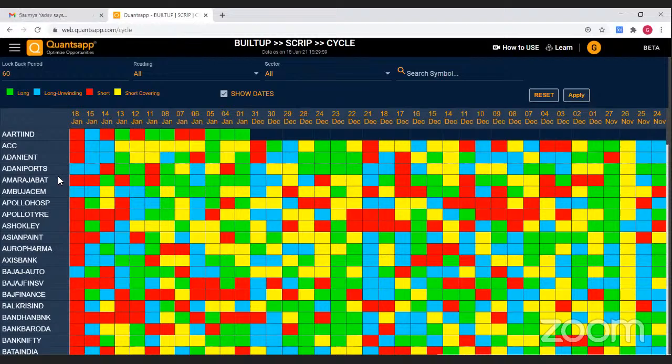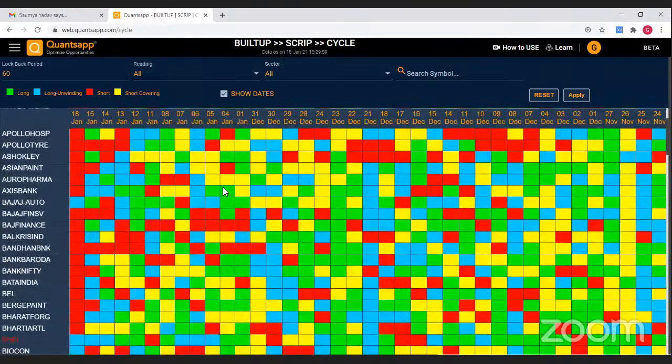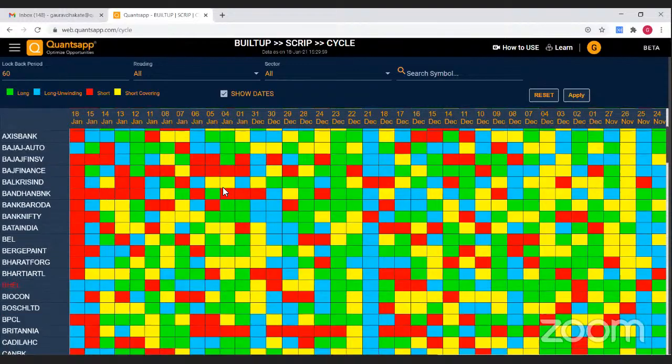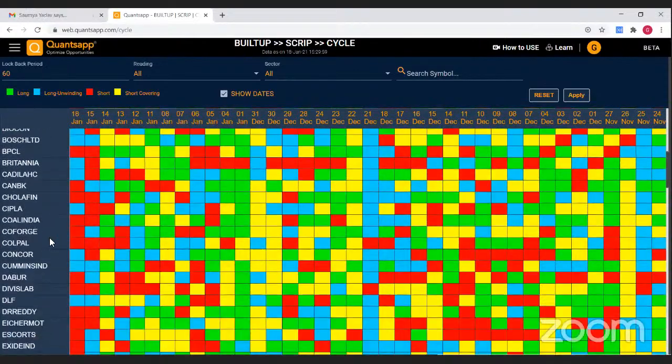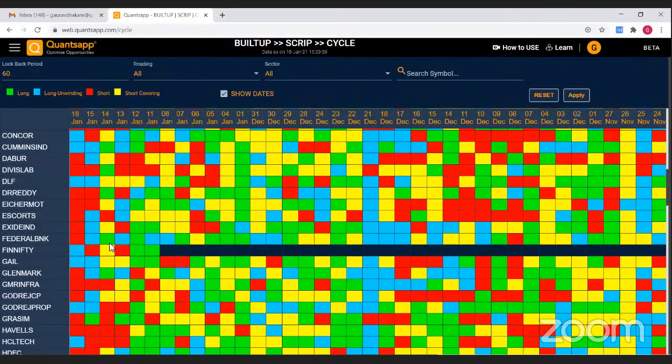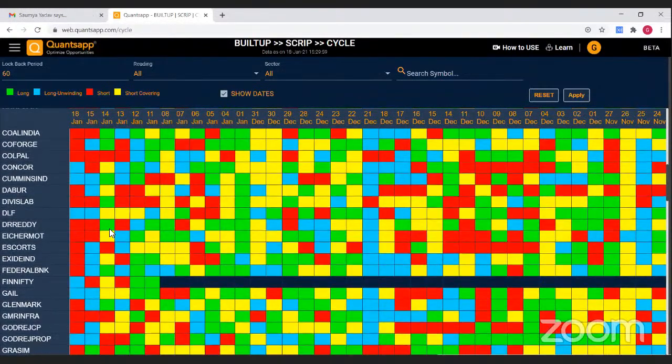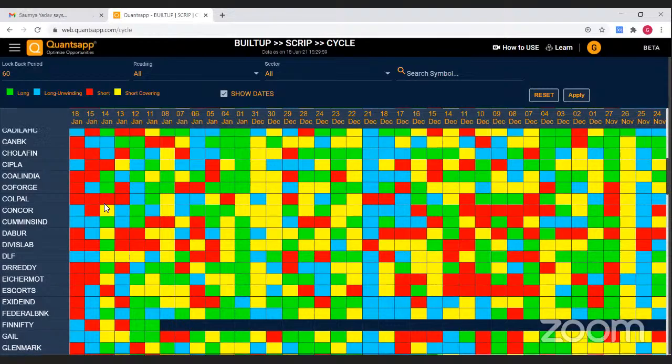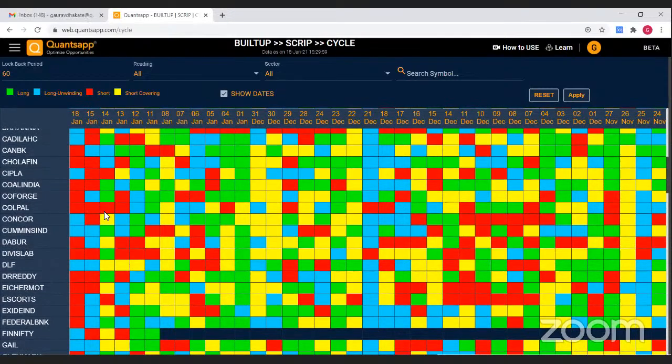So if I want to see stocks having a series of long, short or covering. Take Kolpal: you can see a series of short build-up here.